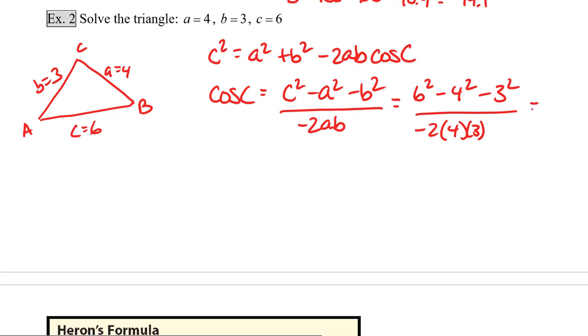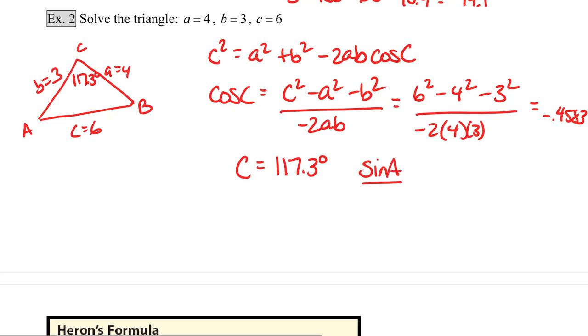And this is equal to negative 0.4583. So if the cosine C is equal to negative 0.4583, I'm going to find the inverse cosine of that number, and angle C is equal to 117.3 degrees.